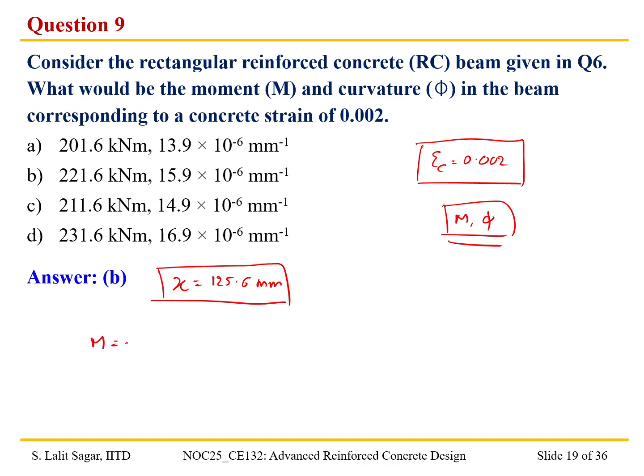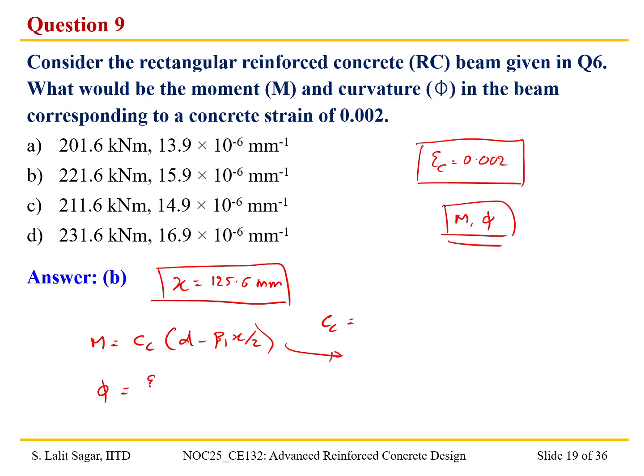Correspondingly, M is equal to Cc into d minus beta 1 into x by 2, right? Let me write down the expression for phi as well.